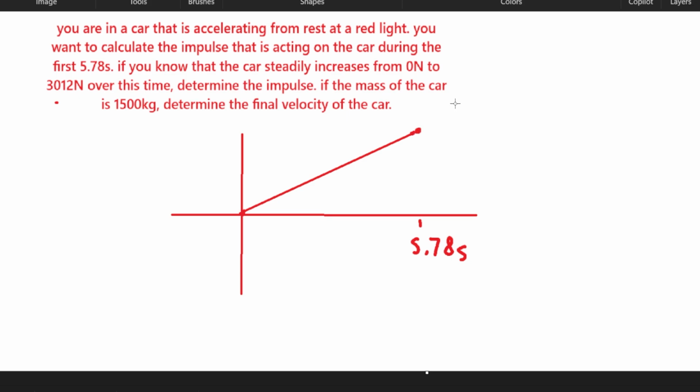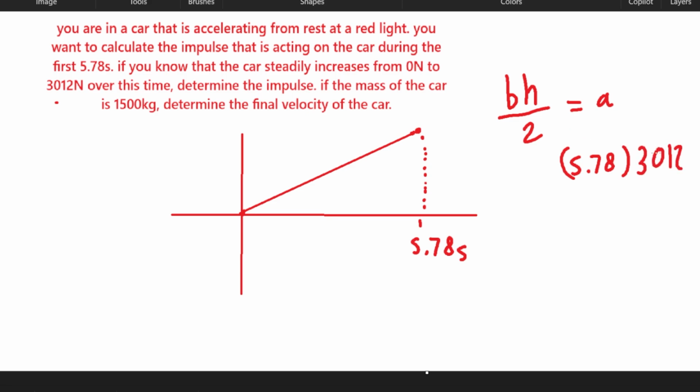Now all we gotta do is calculate the area of this right triangle, and if you can recall, BH over 2 is equal to the area. So the base here is 5.78, and the height is 3012, and we divide all of that by 2.